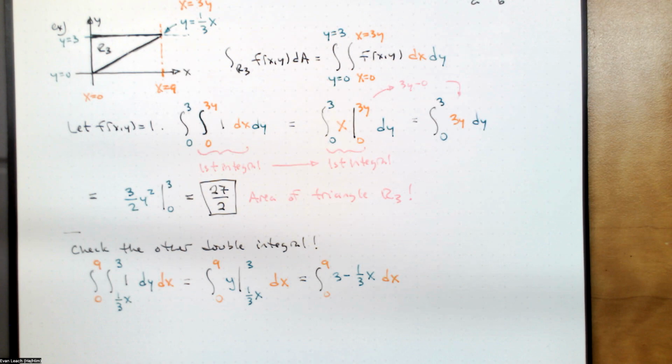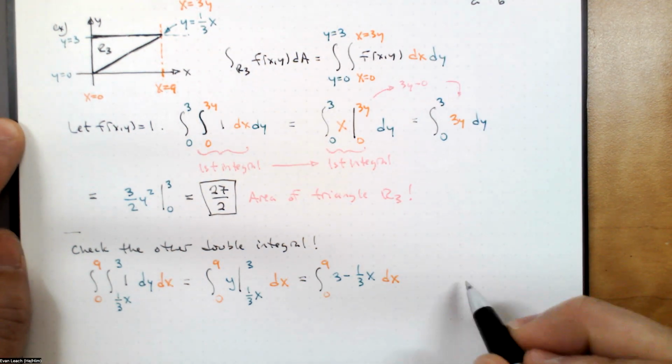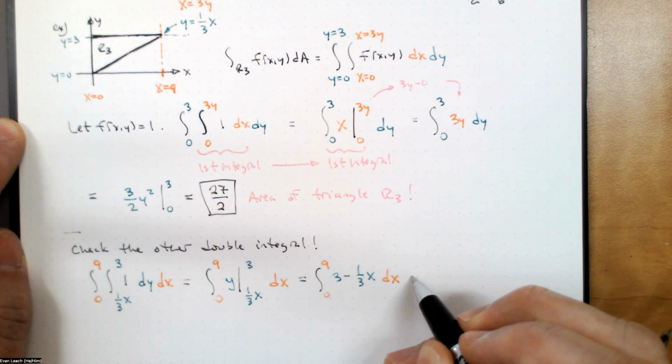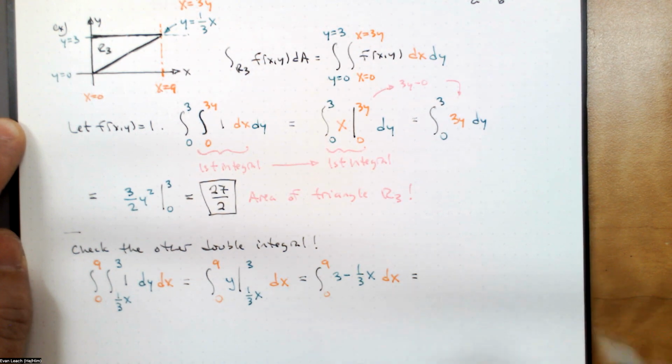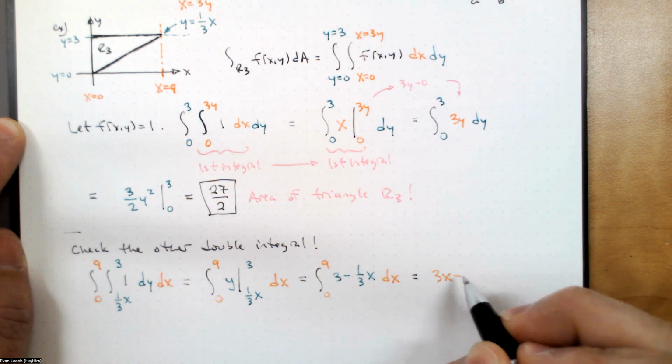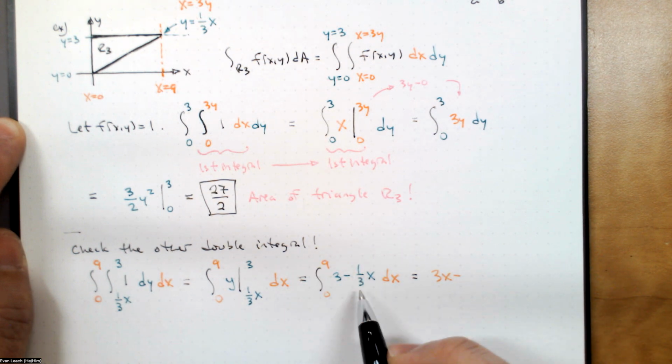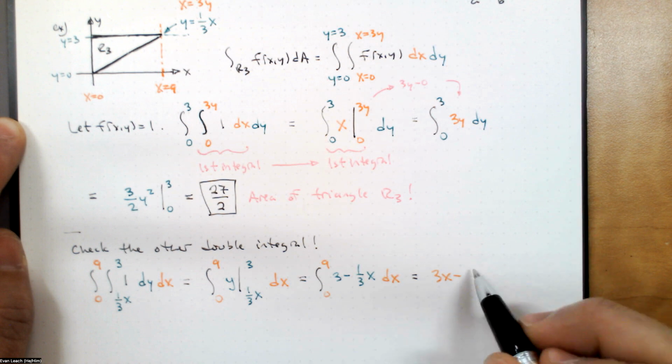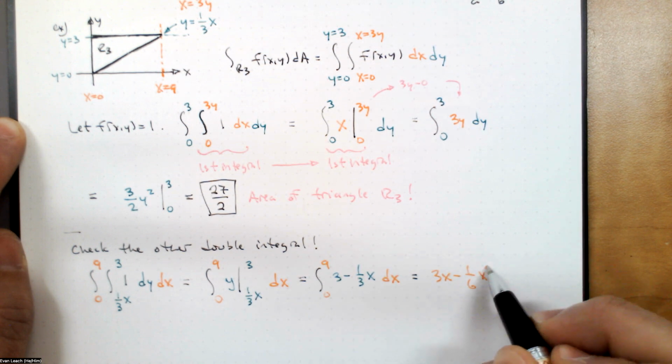The antiderivative of 3 minus 1/3 x dx is going to be 3x minus 1/3 times x squared over 2, so 1/6 x squared.